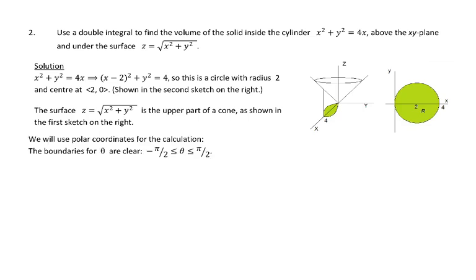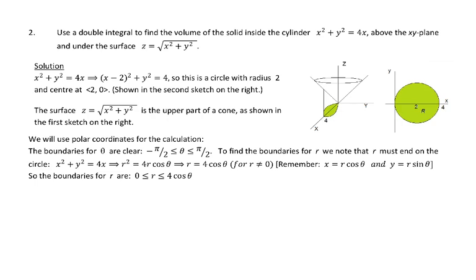We are going to use polar coordinates for our calculation, so we need to describe the circle on the right hand side in polar coordinates. As you can see, the boundaries for theta are pretty clear. Theta goes from negative pi over 2 to pi over 2, both endpoints included. To find the boundaries for r, we note that r must end on the circle x squared plus y squared equals 4x.